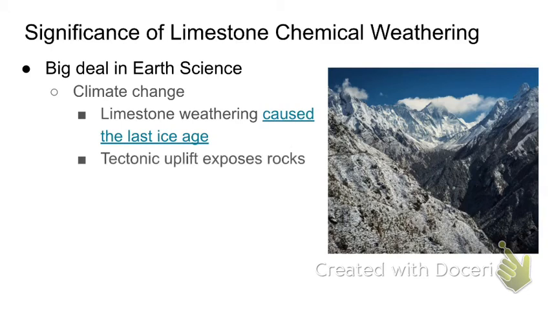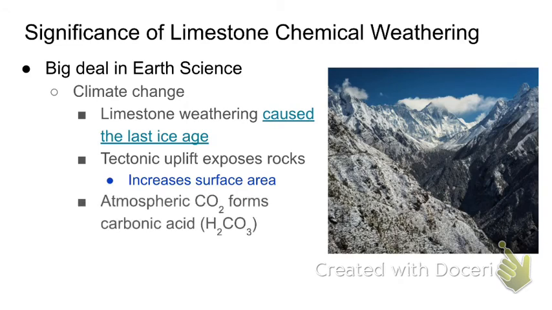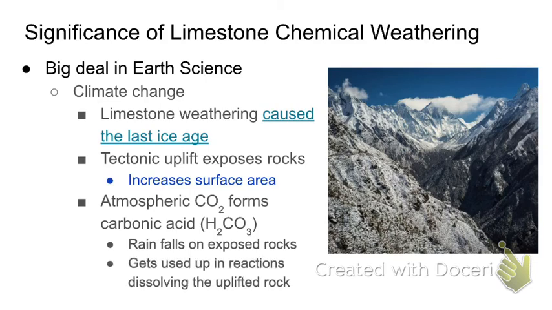But you had this tectonic uplift that exposed rock, and in this case, with the last ice age, it would be the Himalayas. So the Himalayas pushed up, exposed a bunch of rock surface area, and then the carbonic acid in the atmosphere rains down on that and starts to dissolve away the limestone.